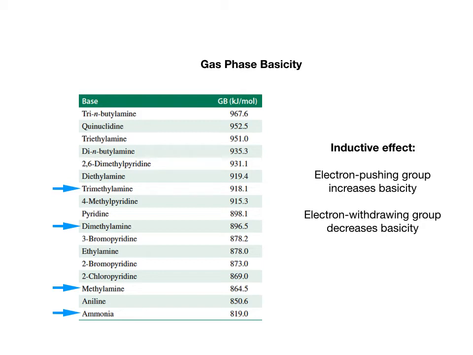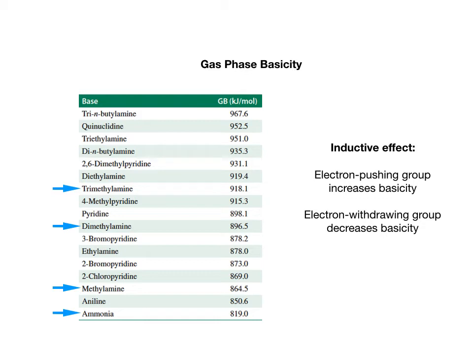All right, if we look at this list of numbers, what I have highlighted are four: ammonia, methylamine, dimethylamine, and trimethylamine. In this series of four molecules, you basically start with ammonia and replace each hydrogen atom with methyl groups, one by one.